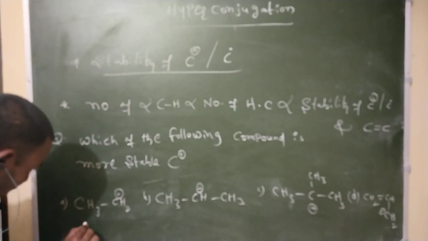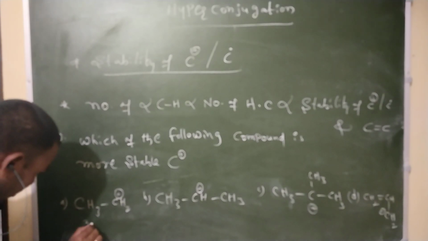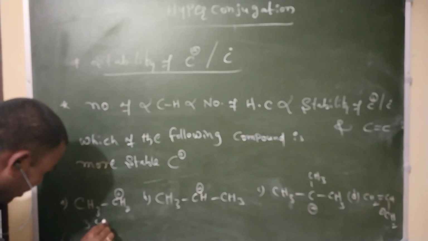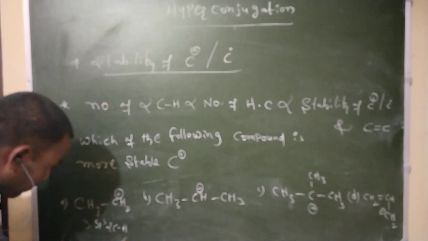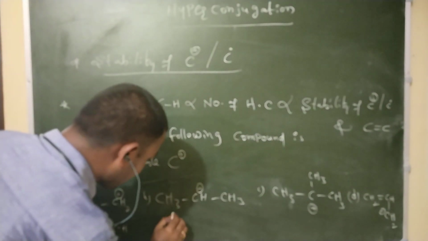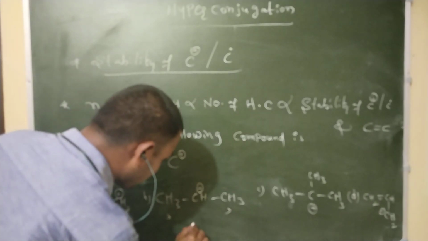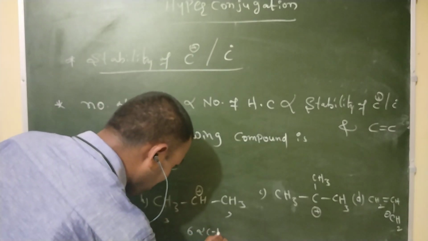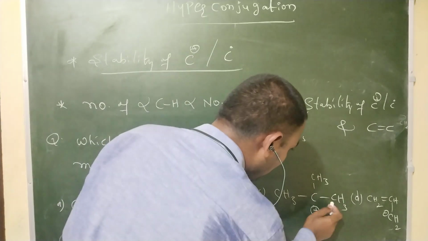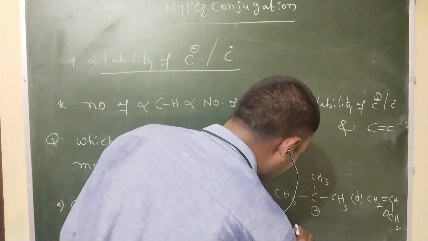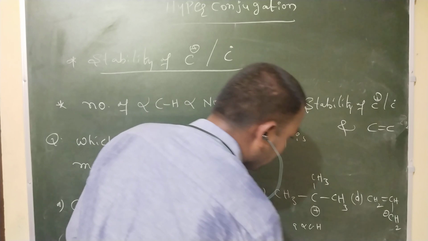See here, this is 3 sp3 alpha CH sigma bonds. Here also, on this side 3, total 6 alpha carbon hydrogens. Here 3 more, total 9 alpha carbon hydrogens.